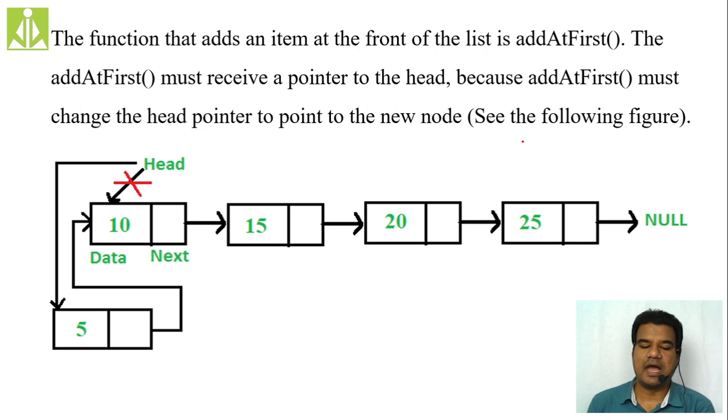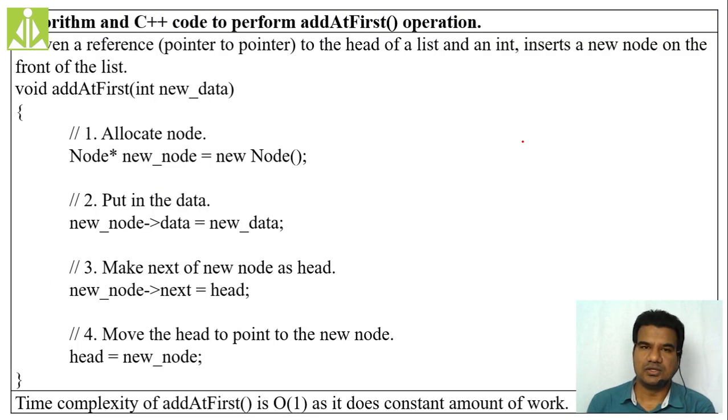First we have to create the new node, then make the new node's data part as new data, whatever data we have sent, then make the new node's next equal to whatever address the head node is holding. That address we have to assign, and finally we have to make the newly created node the head node. So these four steps, if you follow, the newly created node will be added at the front of your singly linked list.